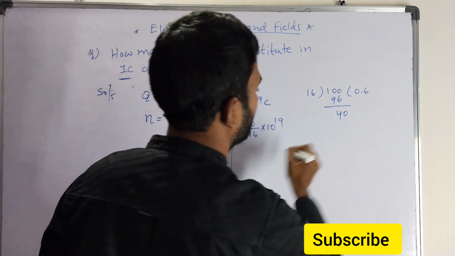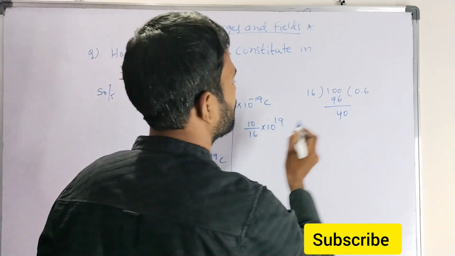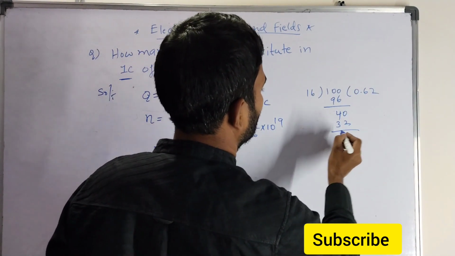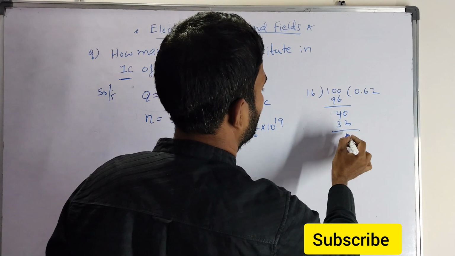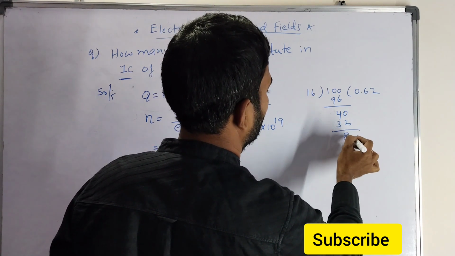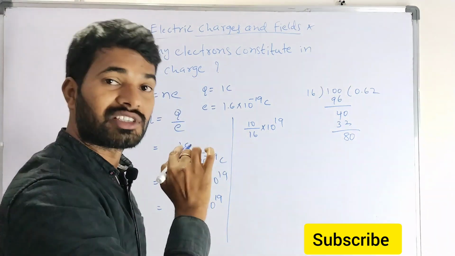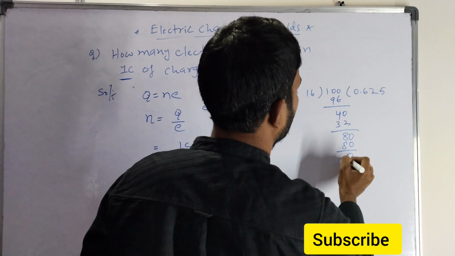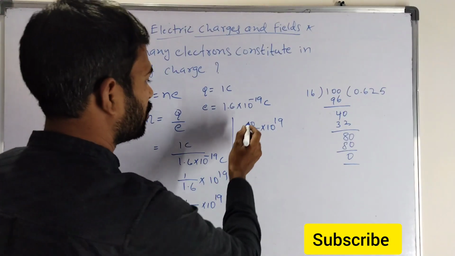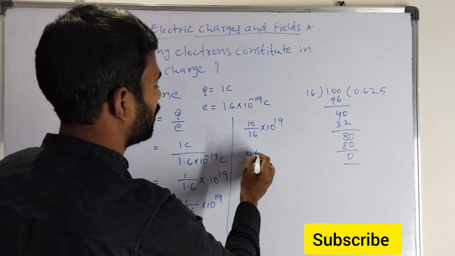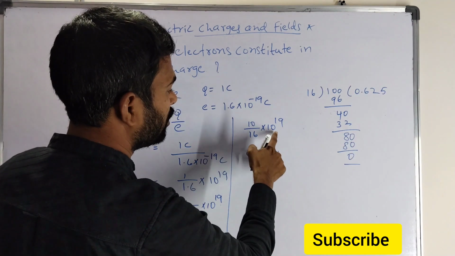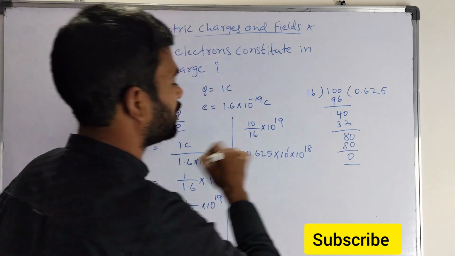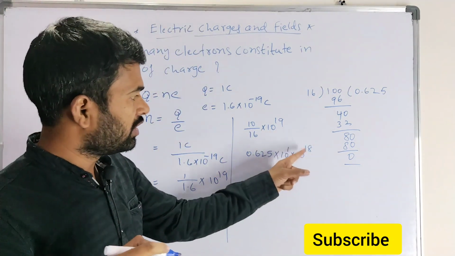For the point we take one more 0: 40, 16 2s are 32, 40 minus 32 is 8. Take one more 0: 80, 16 5s are 80. So cancel 0. So the value of 10 by 16 is 0.625 into 10 power 19. I am writing this as 10 power 1 into 10 power 18, 1 plus 18 again 19.